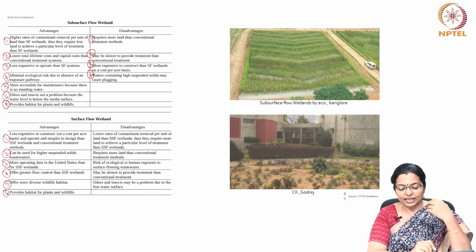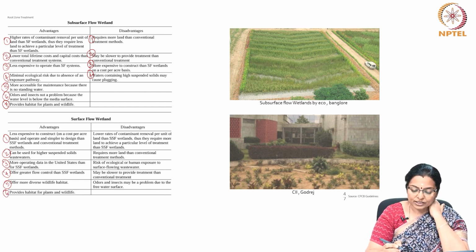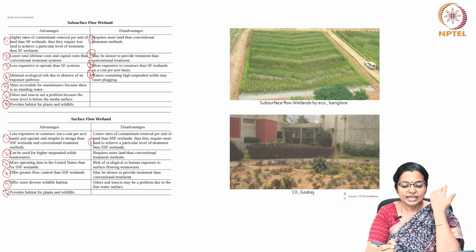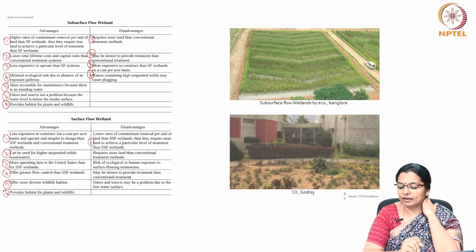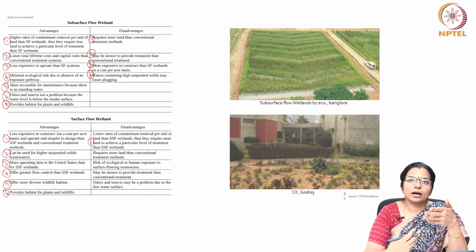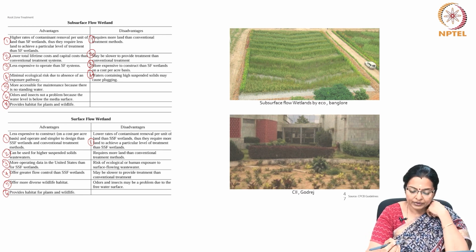The disadvantage is that they have lower rates of contaminant removal per unit of land. Thus, they require more land to achieve a particular level of treatment than subsurface flow wetland because they look more natural as a large water body.